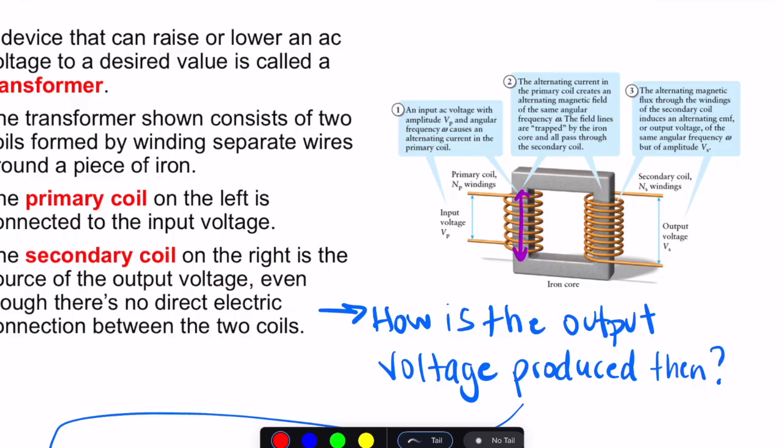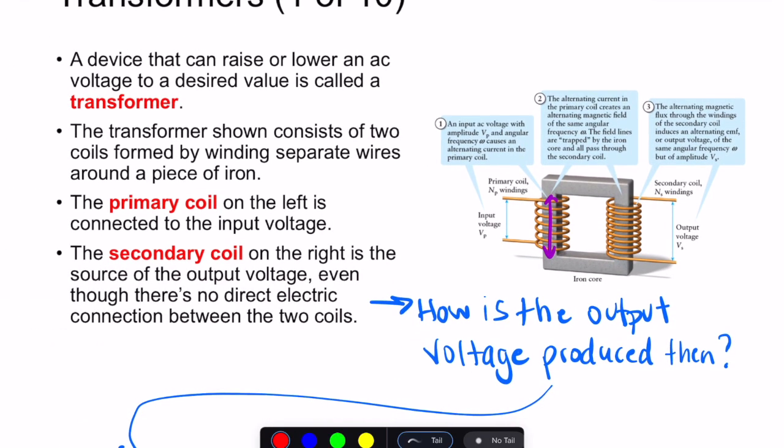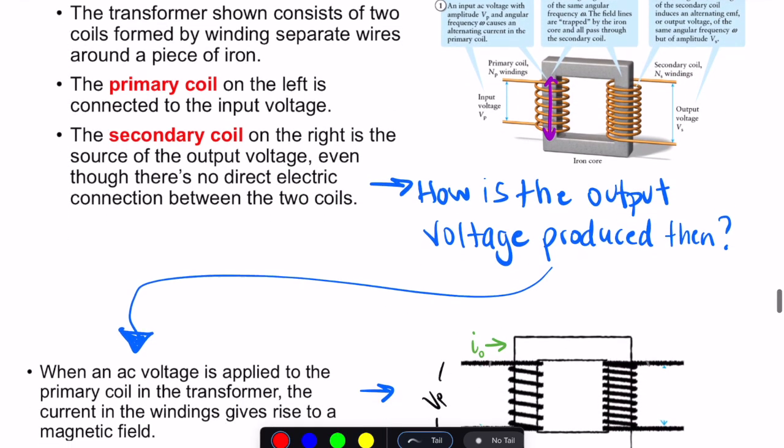So how is the output voltage produced? We're hooking up something to the primary coil. What is creating a voltage out of the secondary coil? You actually already know the answer to this question. It's called induction.